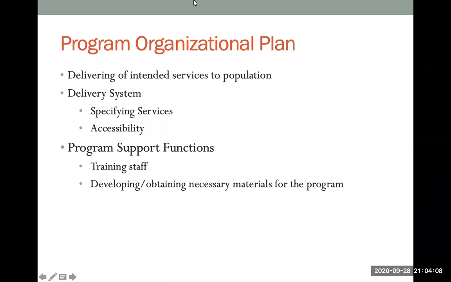And moving forward, what we're actually holding is that this data will help us ensure that we do have the right target clients, and that they are receiving the services that they need.